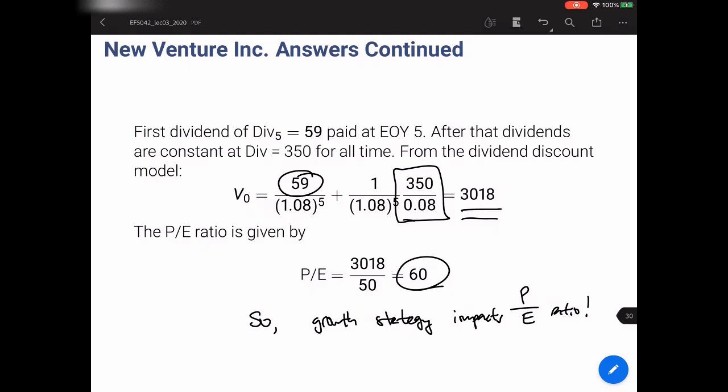All right, so that concludes our introduction to stock valuation using the dividend discount model. Just to review a little bit, what I presented to you was something we've seen before using the NPV valuation, but we imposed a little bit more structure, right?